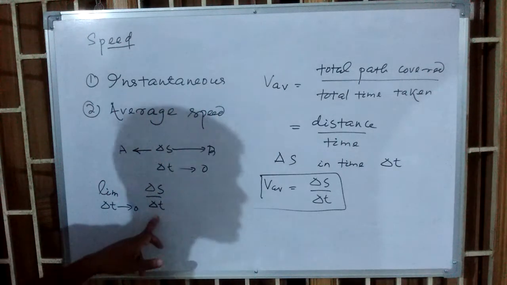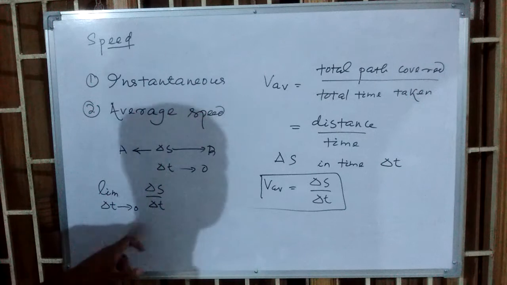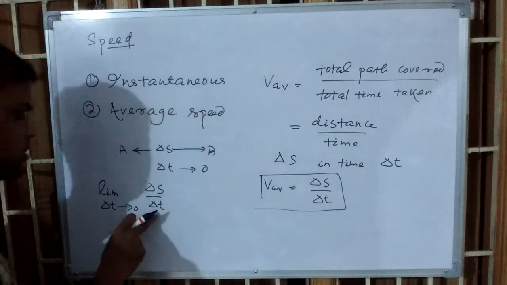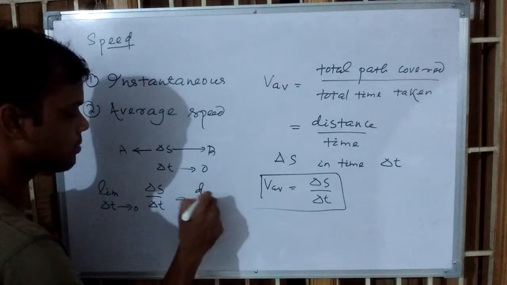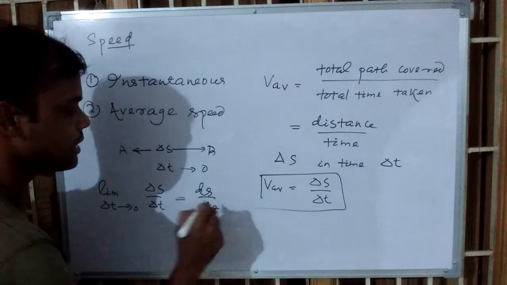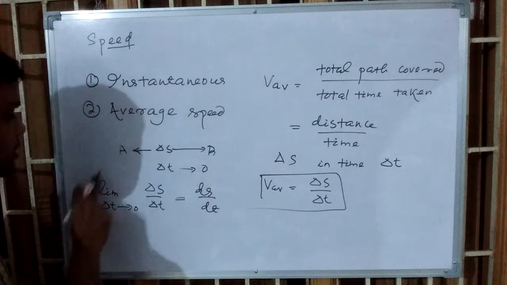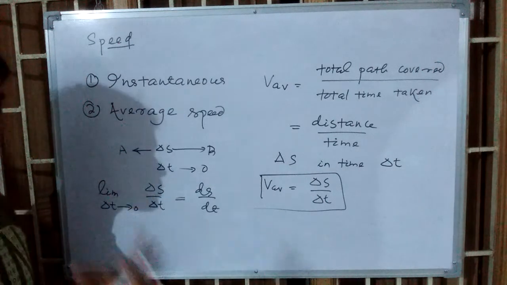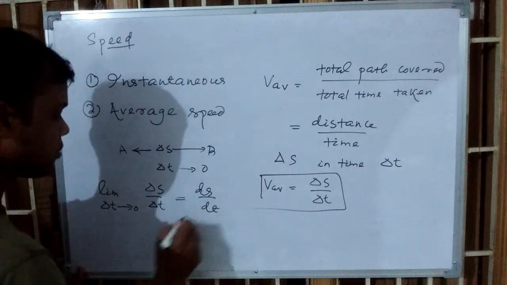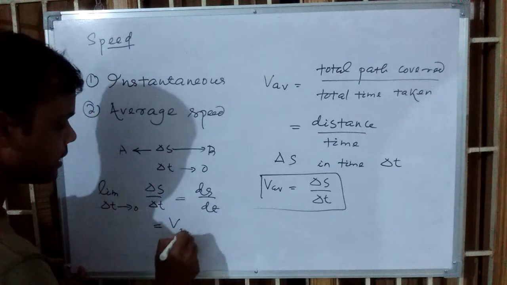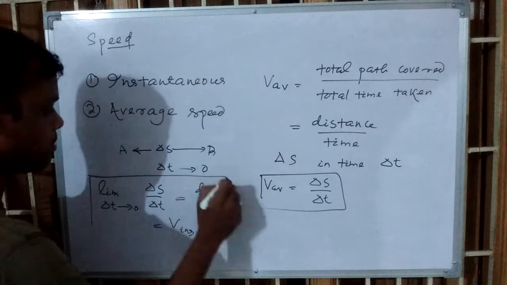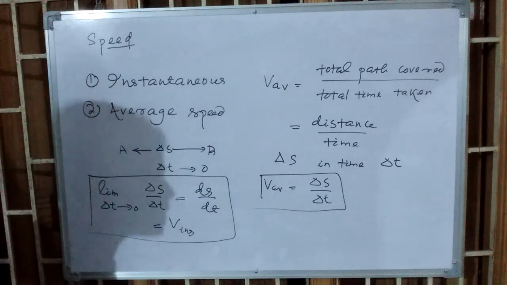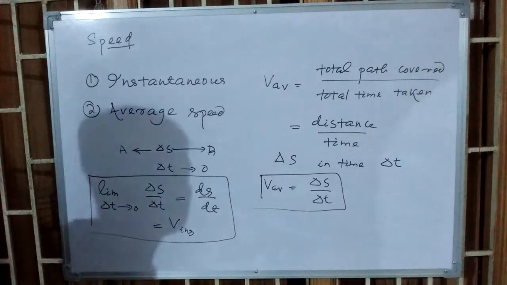How to represent it as an instant? That is limit del t tends to 0. So if this becomes an instant, then what is the speed here? That is nothing but ds by dt, because this is nothing but differentiation of s with respect to time. So this is your v instantaneous, v ins. So this is the formula for instantaneous speed. These are the two formulas.